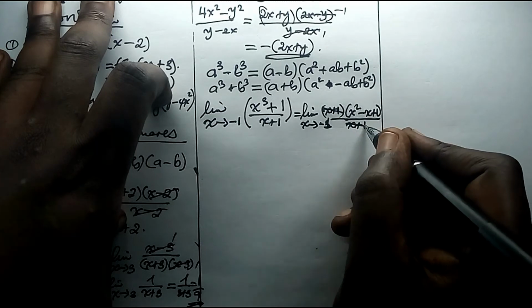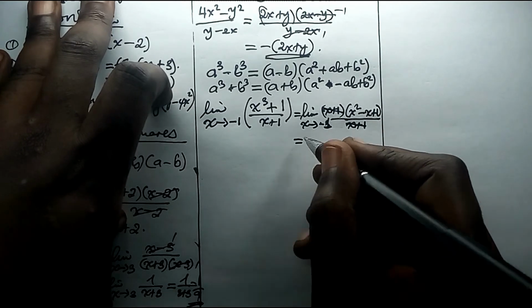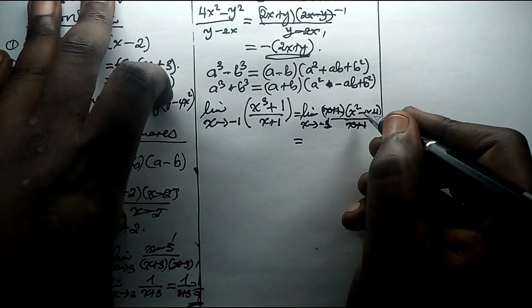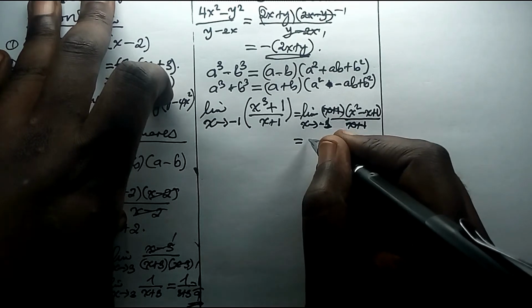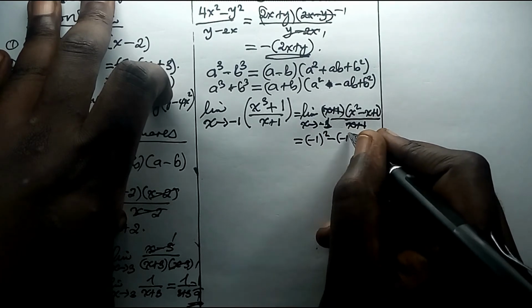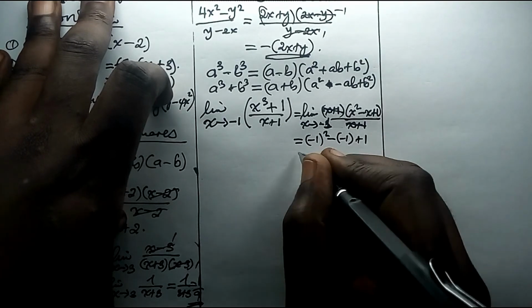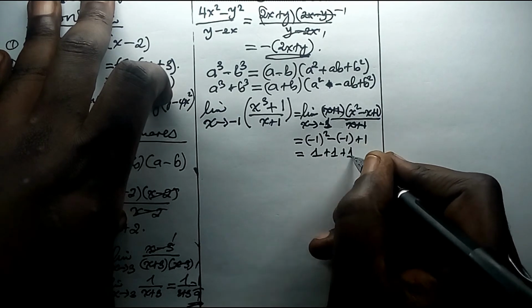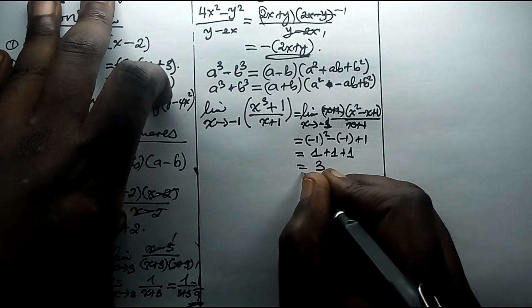And x plus 1 cancels. So we get now the direct substitution of negative 1 in the function left, which gives negative 1 squared minus negative 1 plus 1. And we have 1 plus 1 plus 1, which gives 3 as the limit.